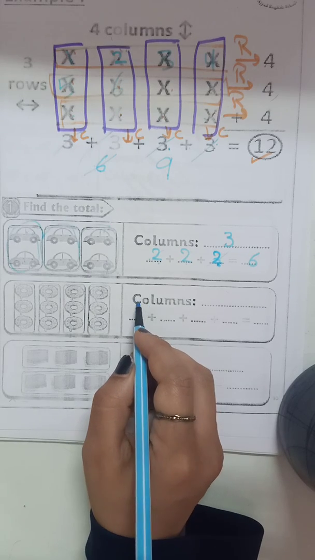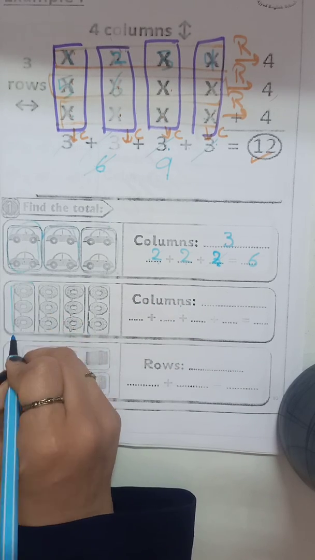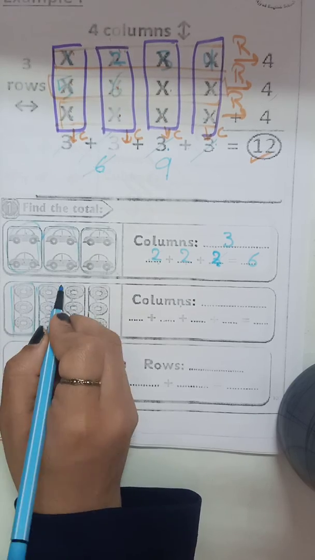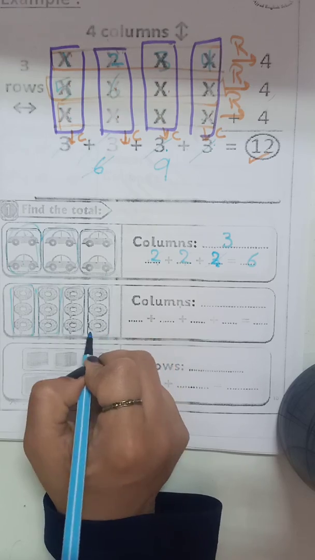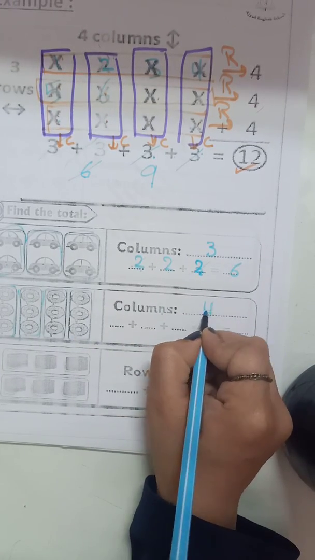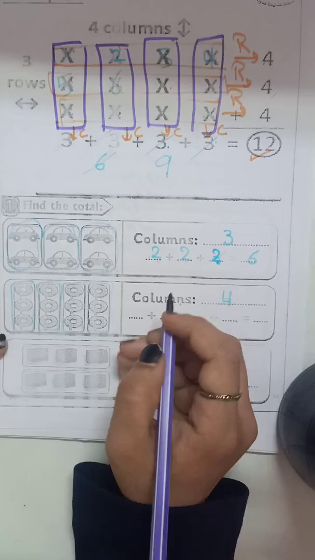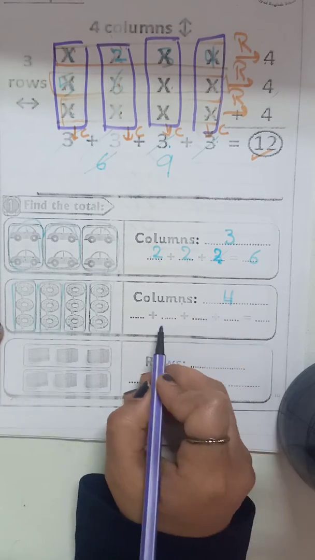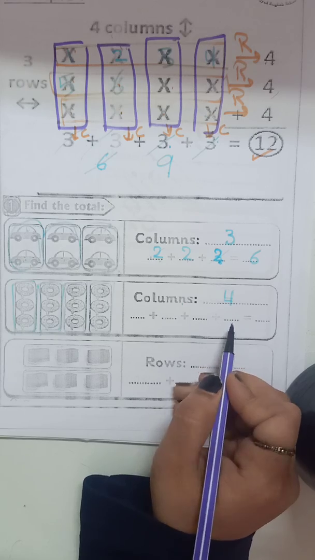The next one, how many columns here? 1, 2, 3, 4. 4 columns. Okay. And how many elements? How many points? The first, 1, 2, 3, 4, repeated.